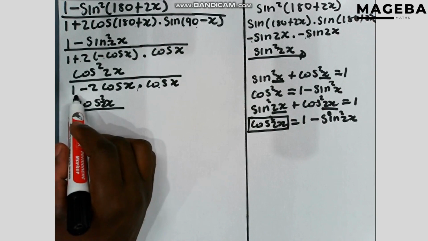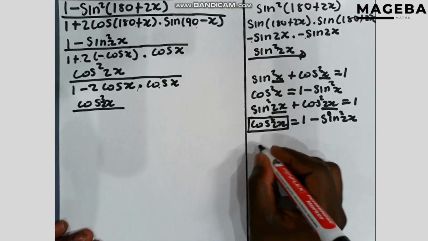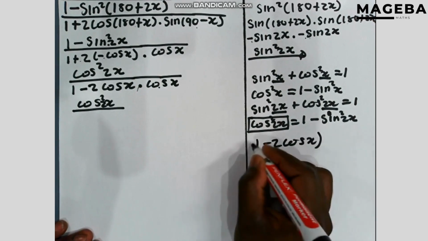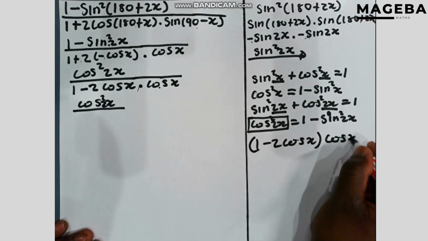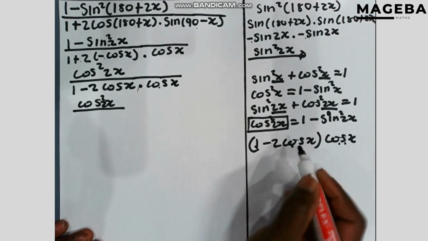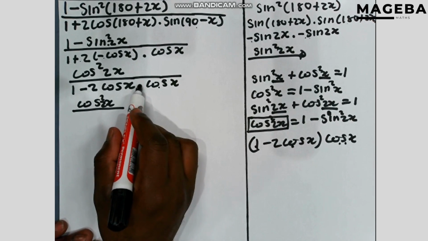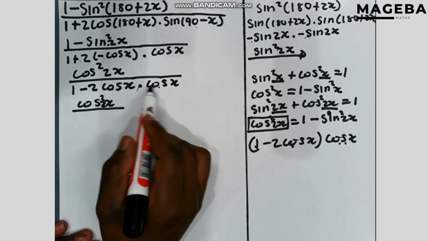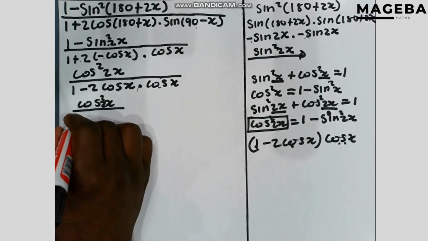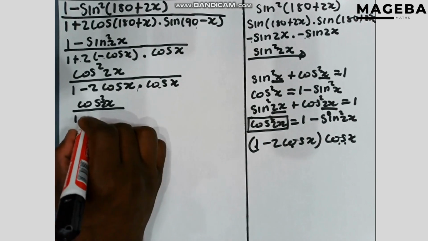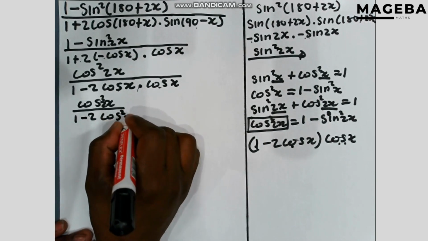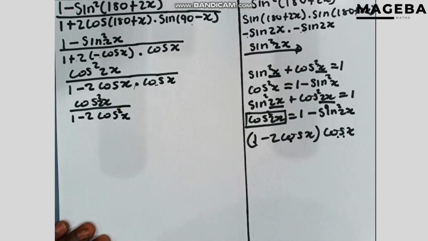There's no bracket here where we are multiplying. Just going to make an example here. If it was like this, we would multiply this and this, and then this and this. Since it's only this dot here, it means this cos times this cos only. I hope you understand that one. So it's 1 minus, multiplying this, just going to be 2 cos squared x.